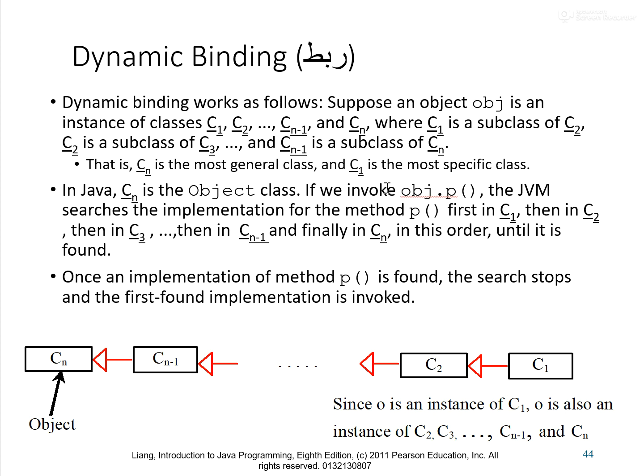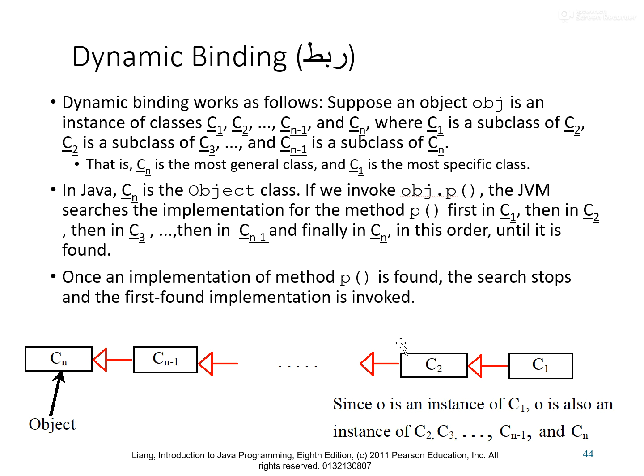Now, if obj is an instance of class C1, the JVM will start looking for the p method in class C1. If it doesn't find one, it will go to its superclass C2. If it finds one, fine, it'll execute that.